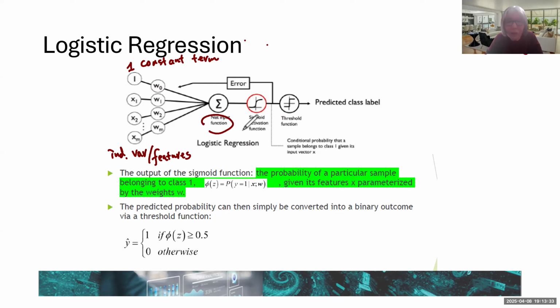And for the net input, you apply sigmoid. In machine learning, we call this the sigmoid activation function.